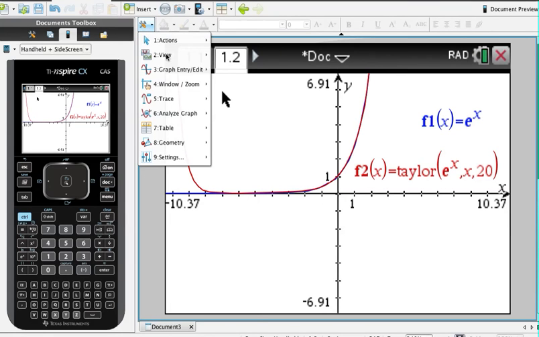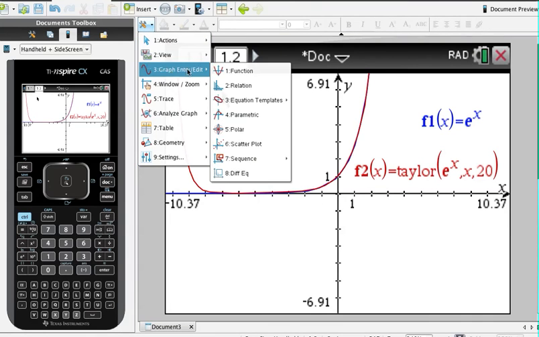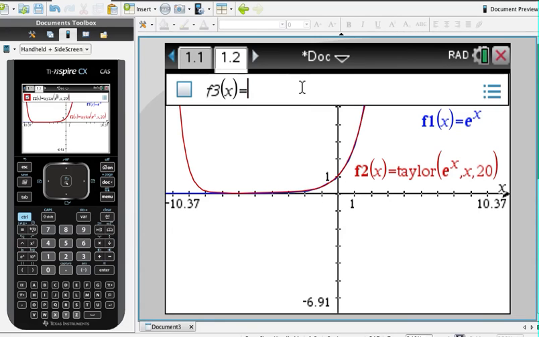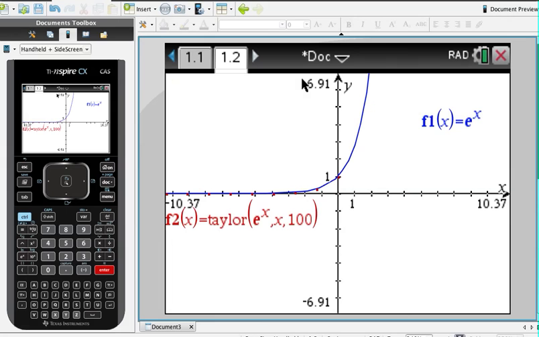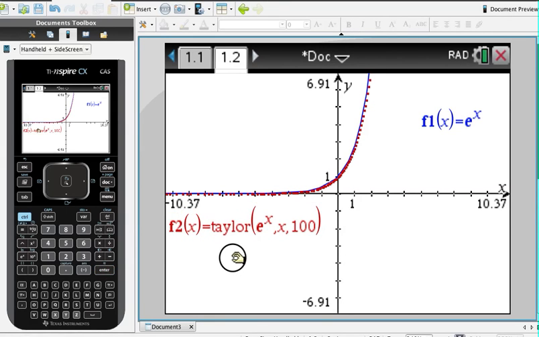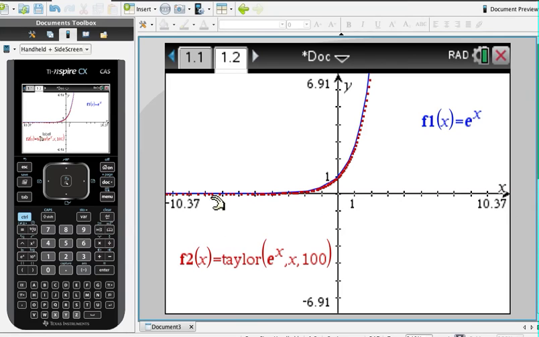Let's see what happens when we are even more extreme. And we're going to select a higher degree. 100 is our new degree. Enter. And we get an even better match.